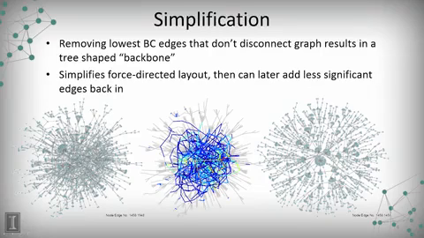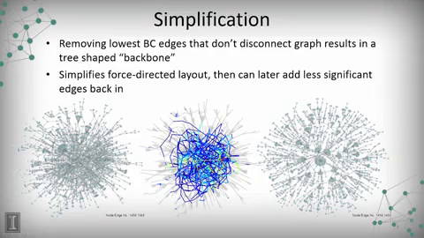And so I've plotted the betweenness centrality of edges here, and I've basically removed the lowest betweenness centrality edges, the ones that are very dark blue, and left the highest betweenness centrality edges, the ones that are in red here. And I've not removed any edge if it creates a disconnected graph. So the result is a graph that has as many edges as it has nodes, about 1,500 edges and 1,500 nodes.